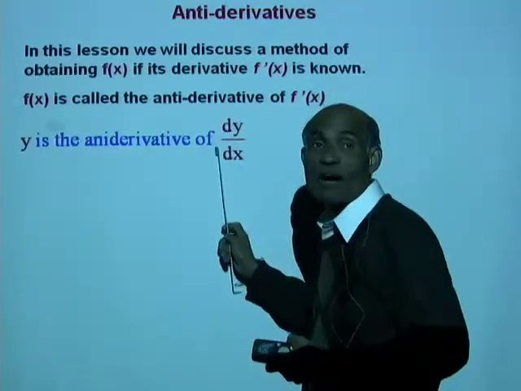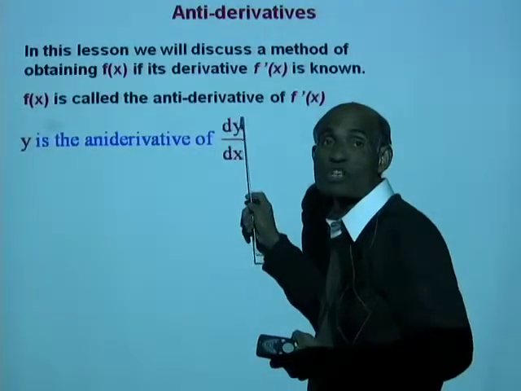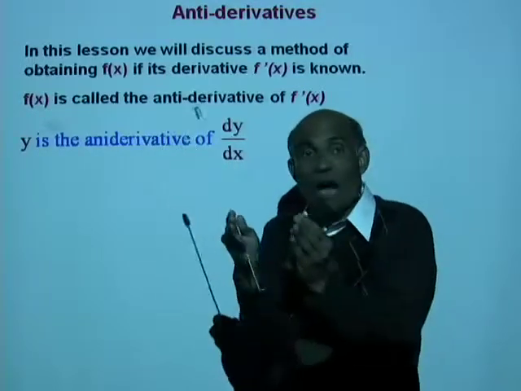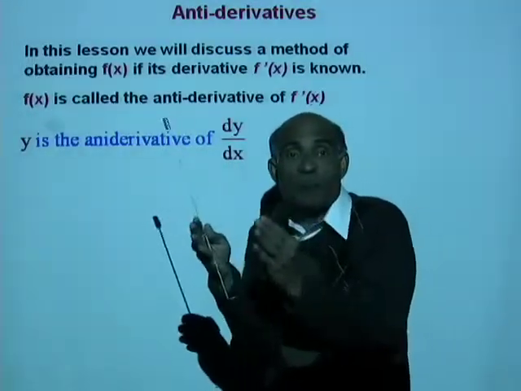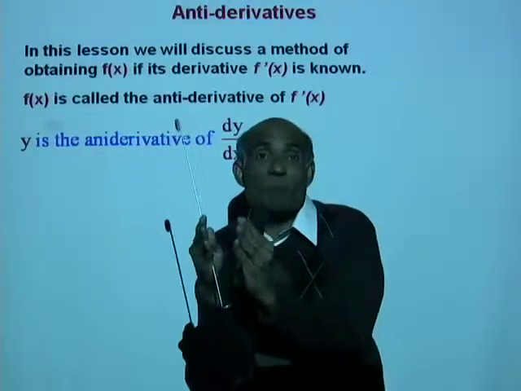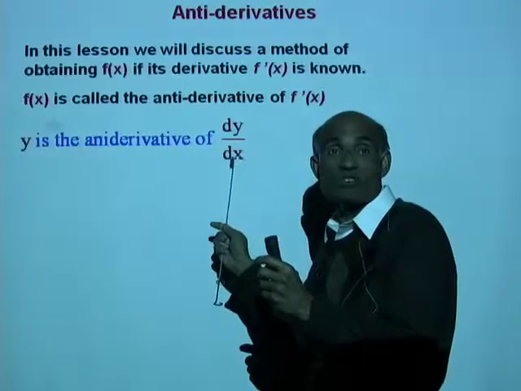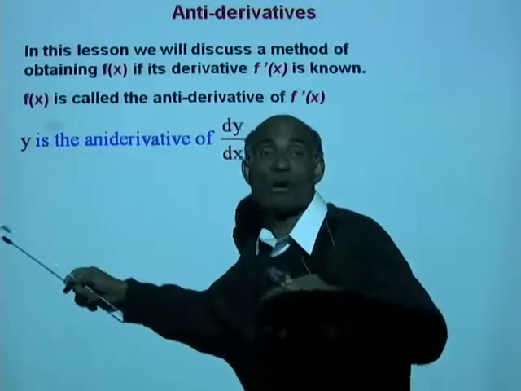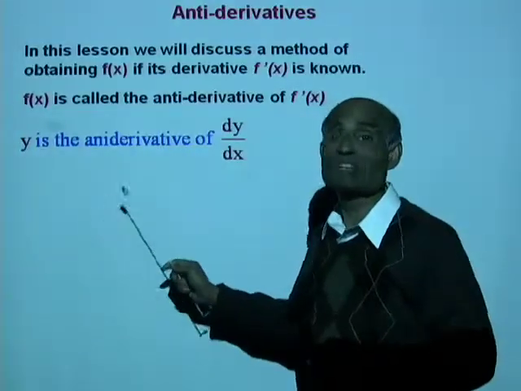So, dy by dx is the rate of change of y with respect to x. The antiderivative is a process of summing all these changes to get your function back, and that is the process of taking the antiderivative.